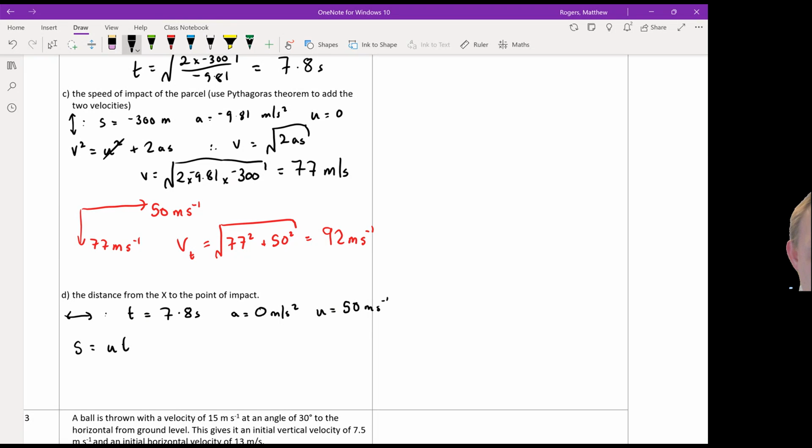So again, we're really using our non-accelerated motion equation because the acceleration is 0, so just distance is equal to speed times time. That is 50 times 7.8, which is 390 meters.